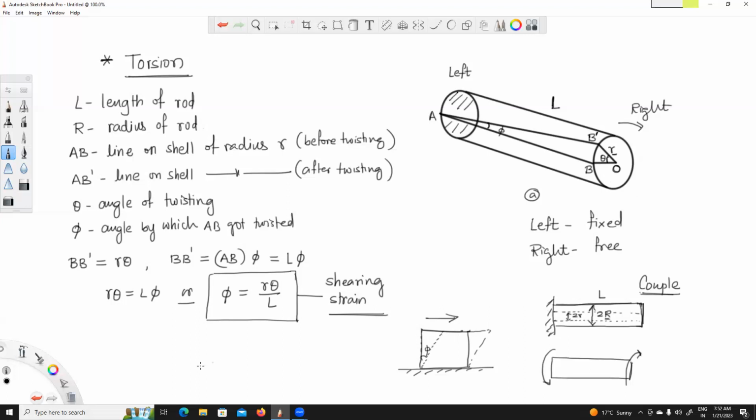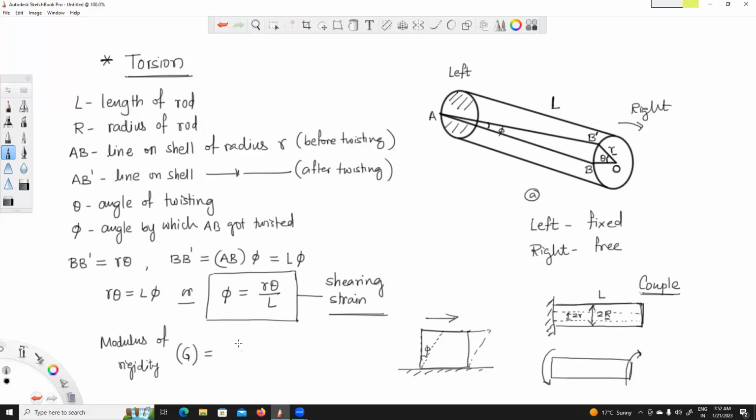Now we know the relation between shearing strain, shearing stress, and modulus of rigidity. So what is that relation? I can write modulus of rigidity, which we will denote by G. We can use different symbols because different reference books follow different symbols, but we'll follow G here.